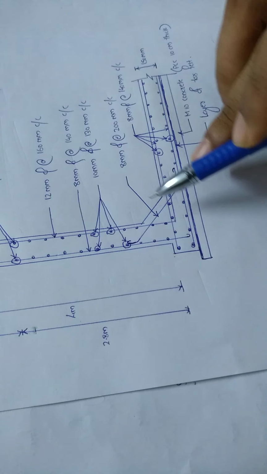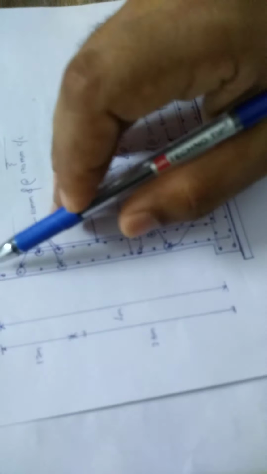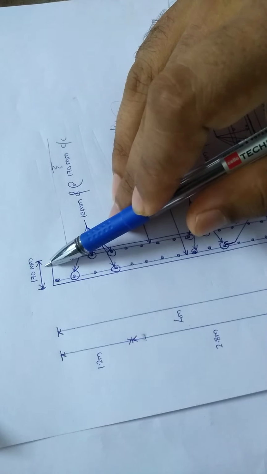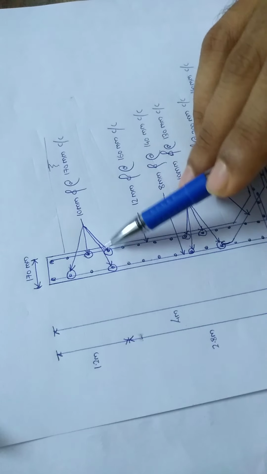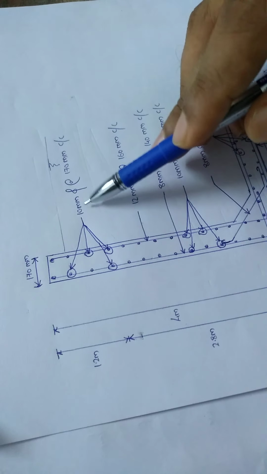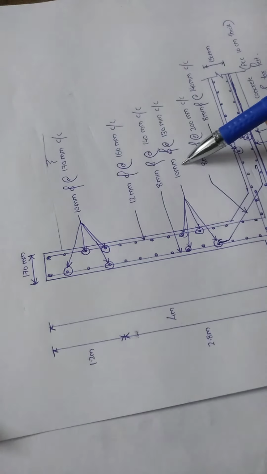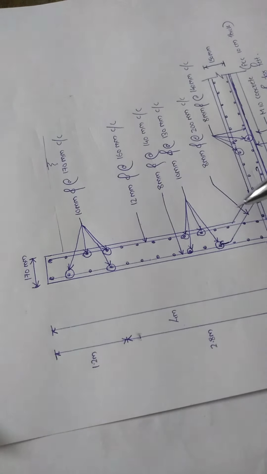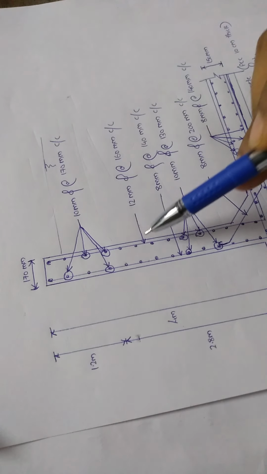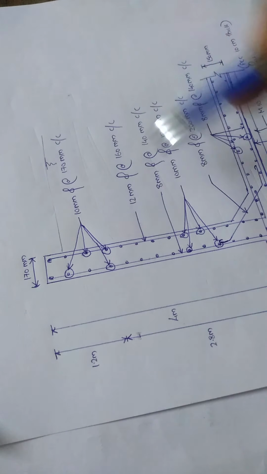After this step, we have found out the entire detail on the vertical walls. We got the section thickness 170 mm. We got the hoop reinforcement at top, that is 10 mm dia at 170 mm center to center, and at the bottom 10 mm dia at 130 center to center. We got the cantilever reinforcement as 12 mm at 160 mm center to center.